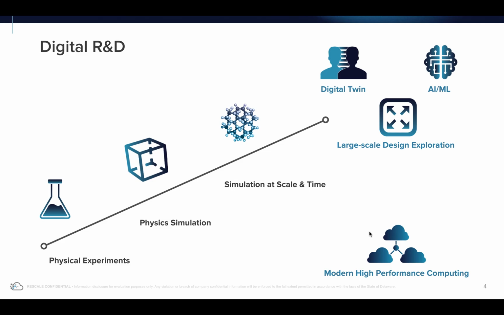Obviously, we first started all with physical experimentation, and then with the advent of computers, quickly harnessed the physical simulations that were capable to do very macroscopic computations and predictions of the physical world.